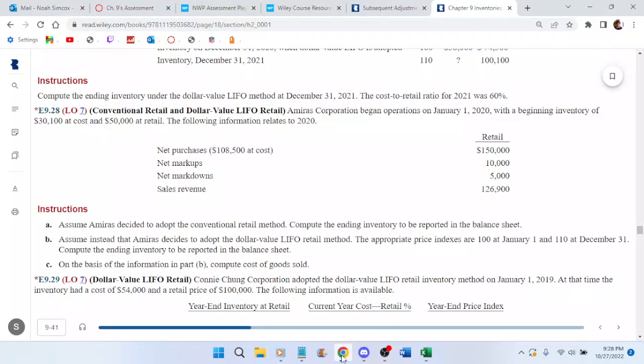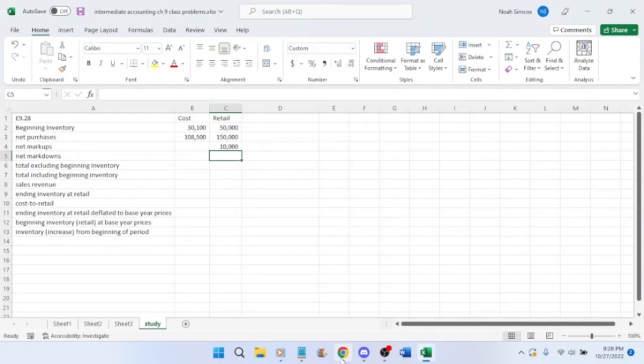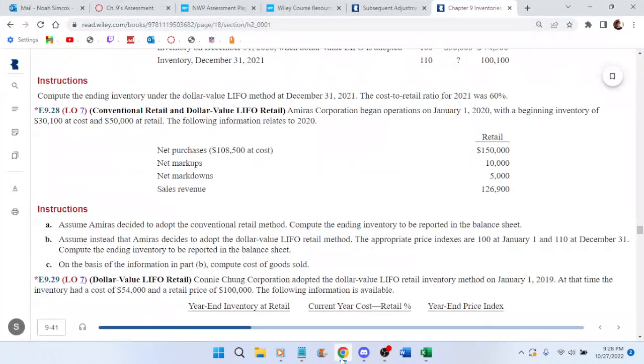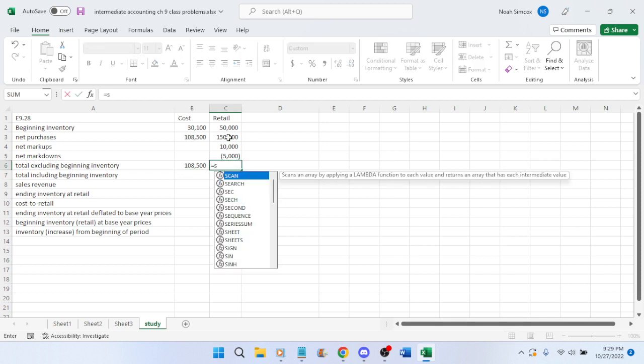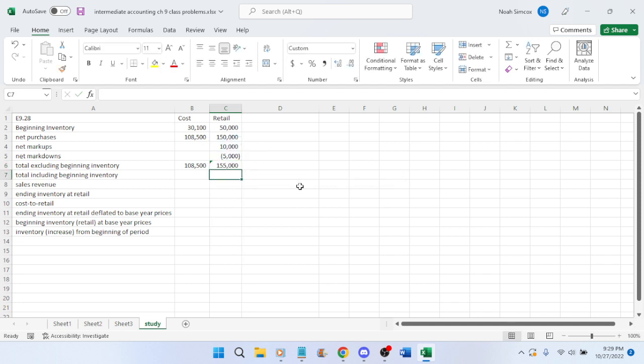Net markups, 10,000. Net markdowns. Getting completely different answers. Negative 126,900.